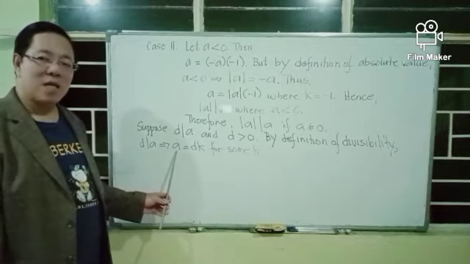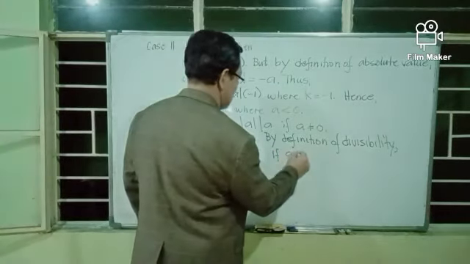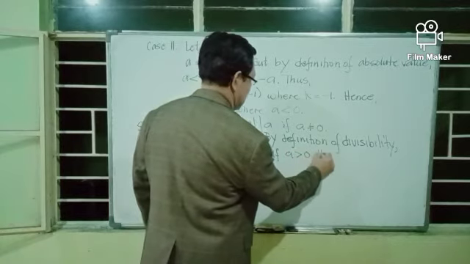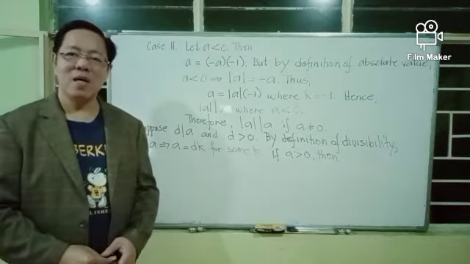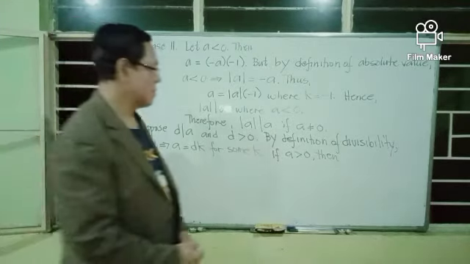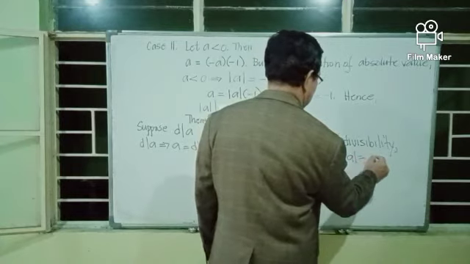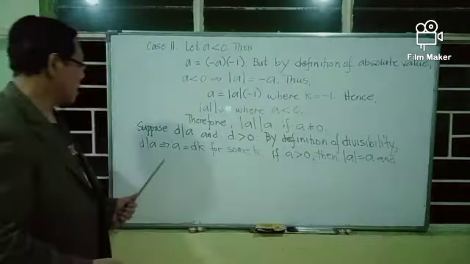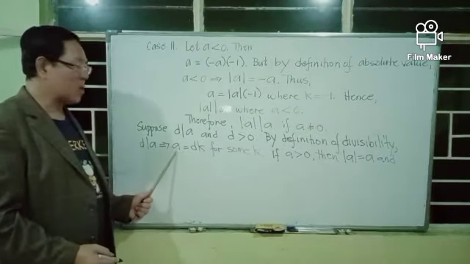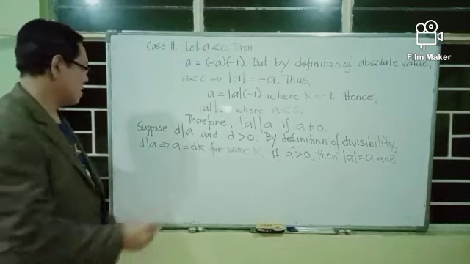Now, if a is positive, then the absolute value of a is equal to a. And this becomes the absolute value of a equals d multiplied by k.